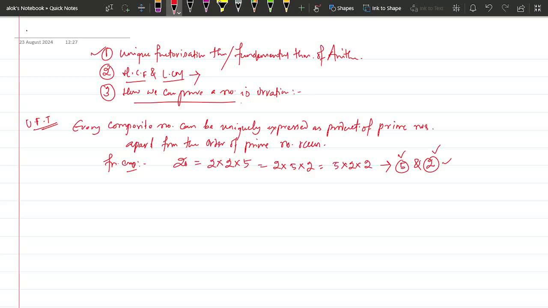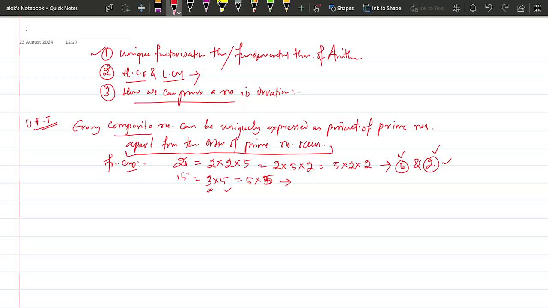Similarly, take any number, suppose 15 can be written as 3 and 5 or 5 and 3. This order may vary. The statement says that apart from the order, the prime numbers should be unique.